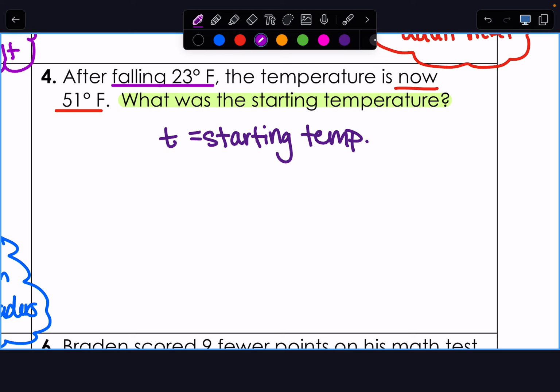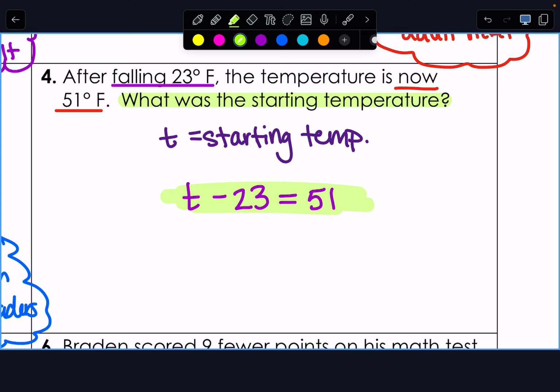So now, after falling 23 degrees, the temperature is now 51. Falling. What operation do you think we're going to use in our equation? Subtraction. If we take our temperature and then it falls 23 degrees, we would have T minus 23. It's not 52, it's 51. Okay, here is the equation I'm looking for you to set up.